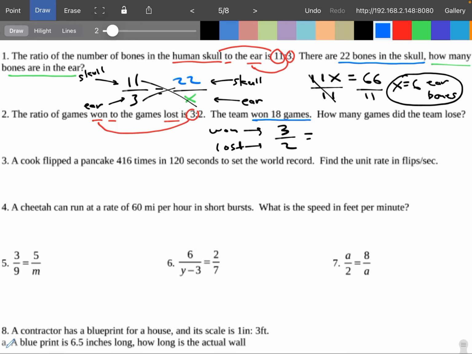So right here it says they won 18 games. So does that go in the numerator or the denominator? What's that? Yeah. So that's going to be an 18. And then it says, how many games did they lose? So how many did they lose? That's going to be your x.